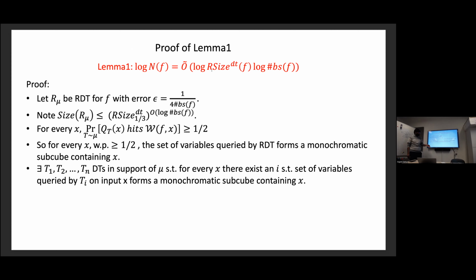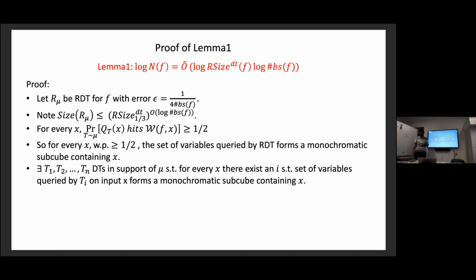Okay. So let's take n independent copies of trees sampled from the randomized decision tree. Then with probability 1 minus 1 by 2 to the n, for every input x, you'll have a subcube which covers that input.